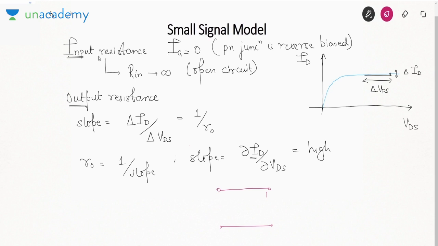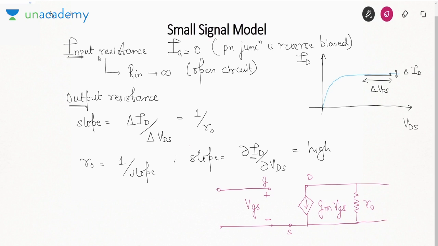In the hybrid pi model, this was V pi, but in this case we will call it VGS. Then in the hybrid pi model we have a current source gm VGS. This is the gate terminal, this is the drain terminal, and this is the source terminal. In parallel to gm VGS, we will have a resistance r0.